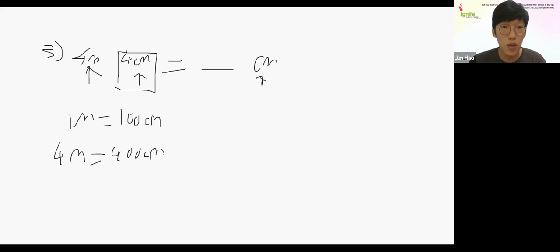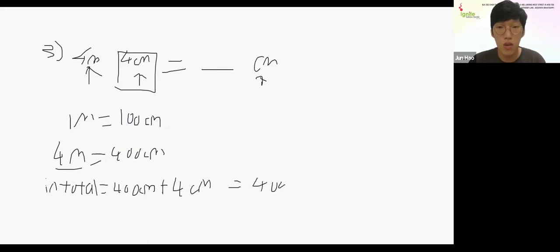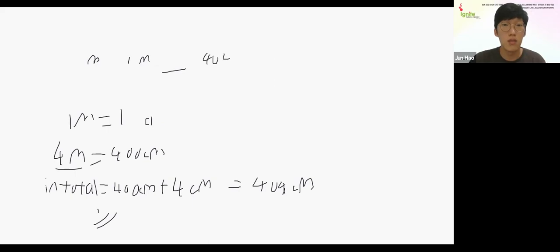We still have this 4 cm. So in total, 400 cm, which is derived from the 4 meter, plus the 4 cm that we never touched, equals 404 cm, which is 1. That's all. Let me erase.